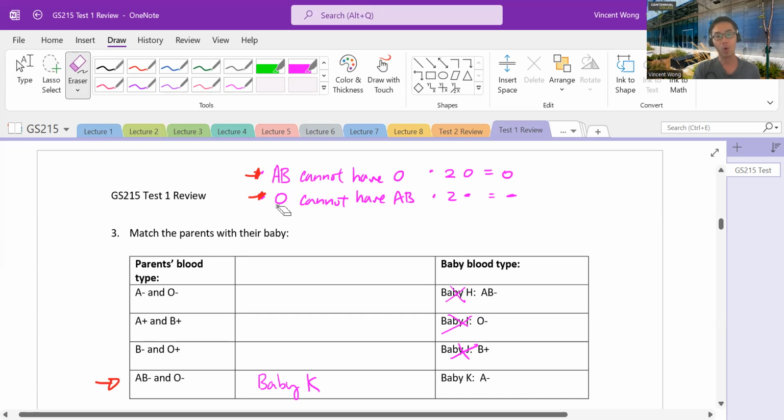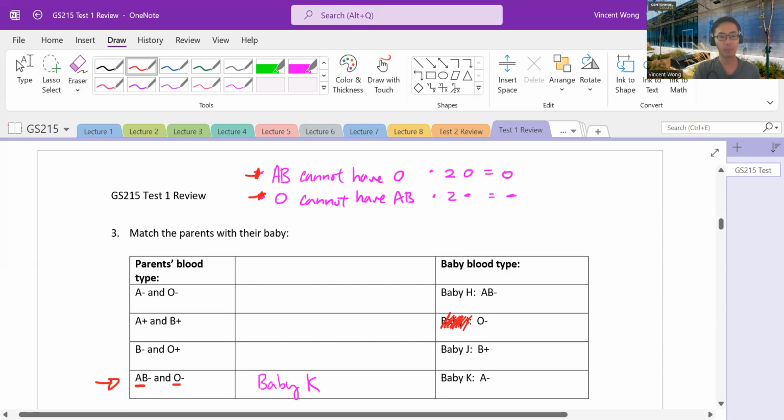Similarly, if you're type O, you can only pass on little i, and therefore it's not possible to have an AB child. So if you agree with these 2 statements, then here we can see one of the parents is type AB. So immediately I can reject this as their baby, right? Because AB will not have a type O baby.